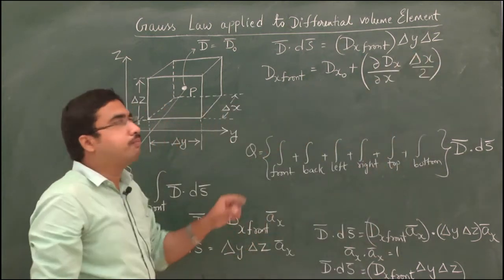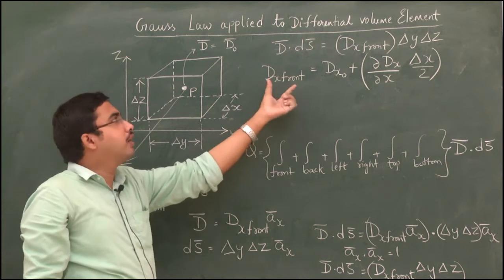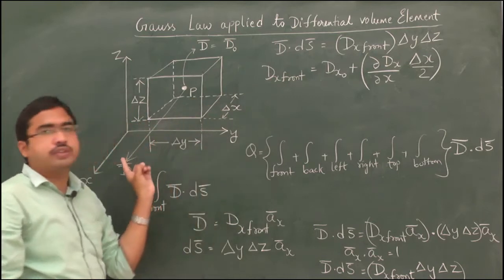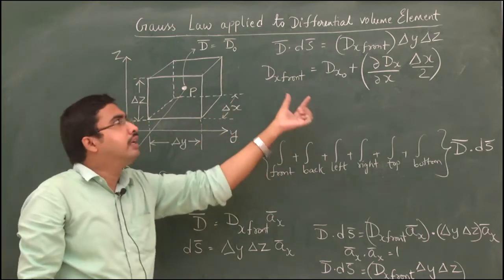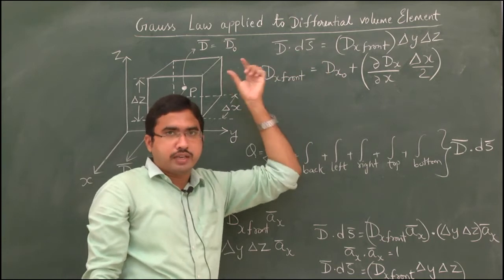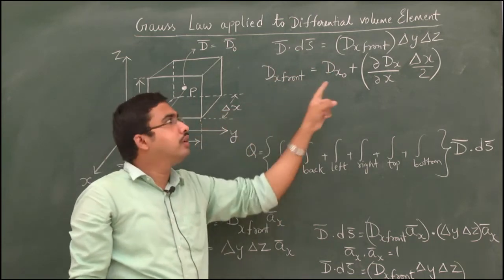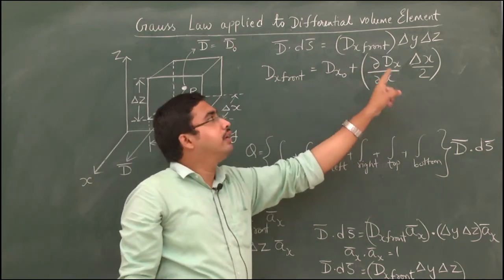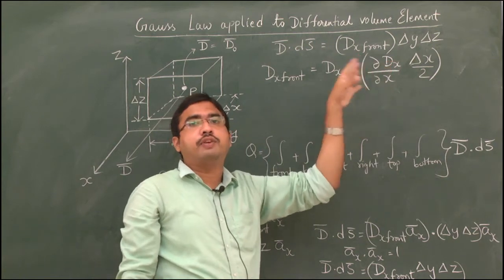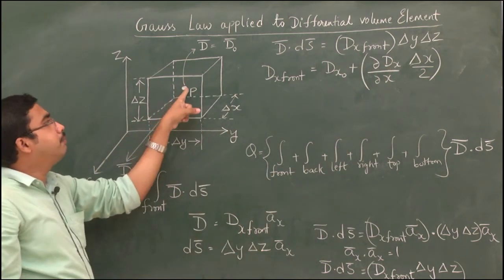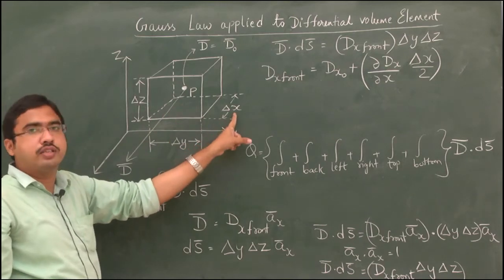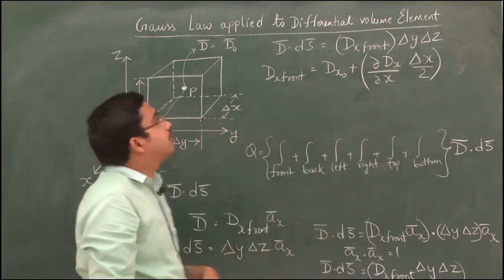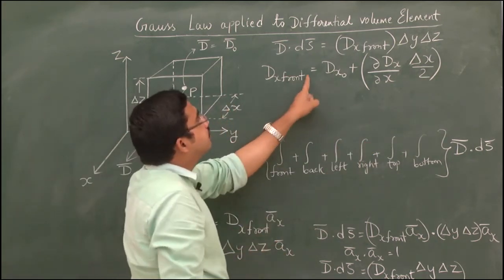This is the complete formula for D when you are looking from the x side, that too from the front side, since your front side is matching with the x direction. That should be written as the initial value of D from the x side, Dx naught, plus the rate at which Dx is changing with respect to the x axis, into the distance of the point P from the front side. The distance of the point P from the front side is exactly half of delta x, so it is taken as delta x by 2. Okay, so now substitute this here.